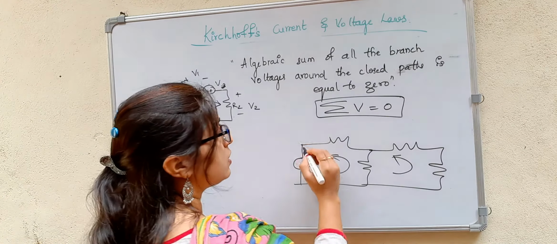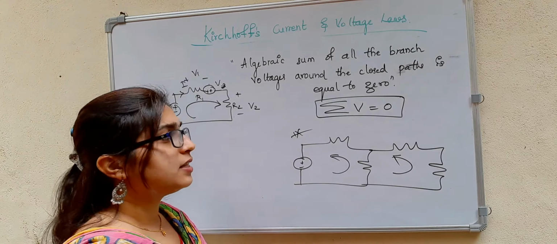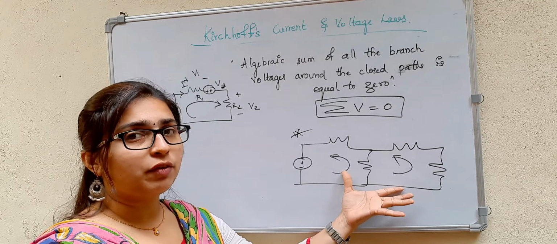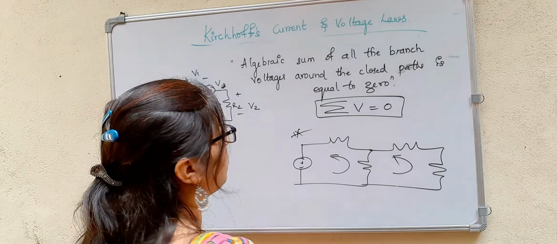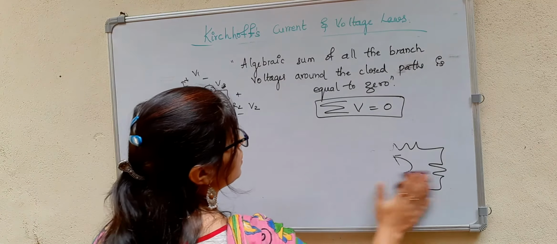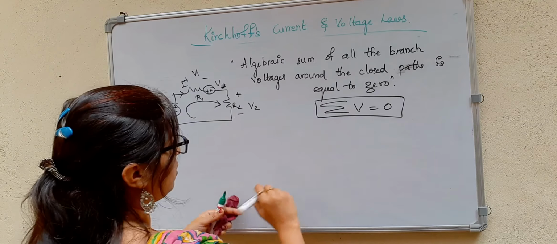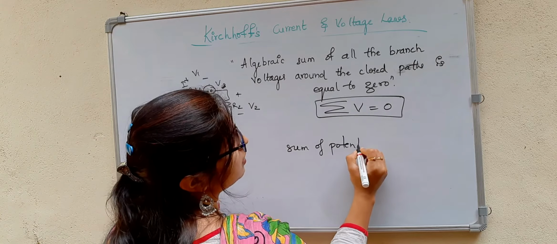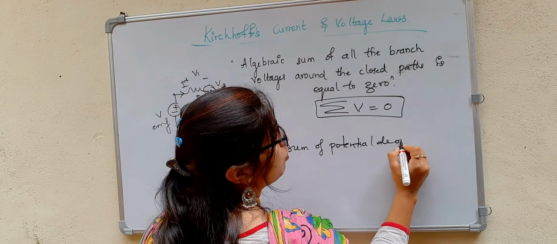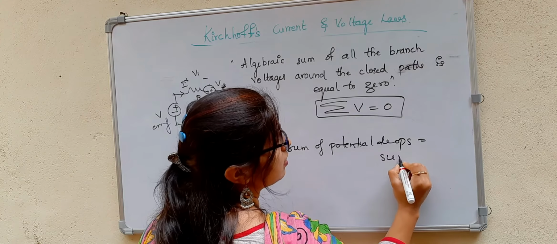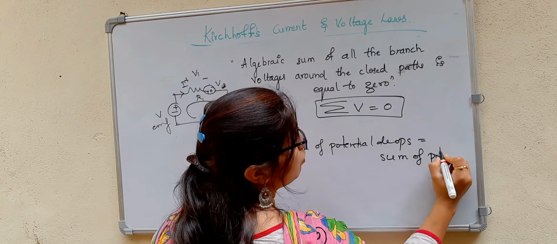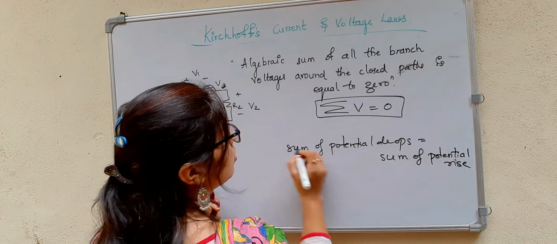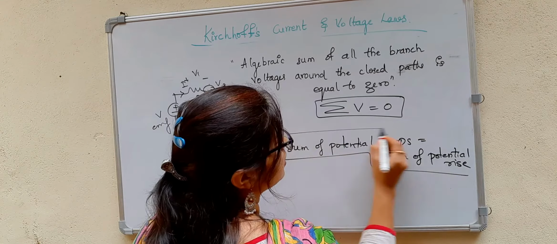That is the sign convention to be considered while solving loops and finding the equations. So the sum of potential drops can also be considered equal to the sum of potential rises.